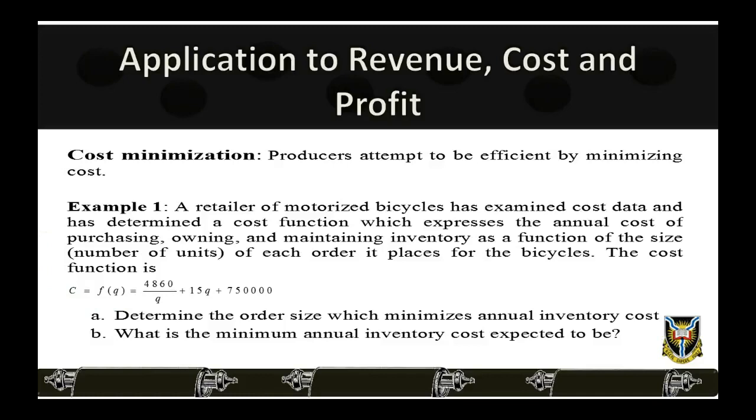The cost function is C = f(Q) = 4,860/Q + 15Q + 750,000. A. Determine the order size which minimizes annual inventory costs. B. What is the minimum annual inventory cost expected to be? Solution.